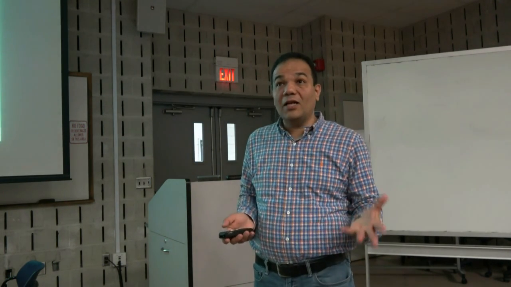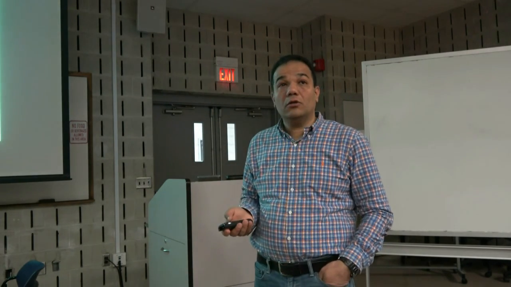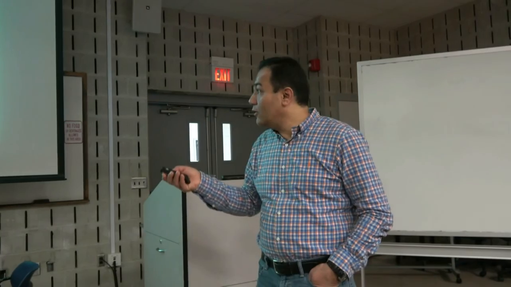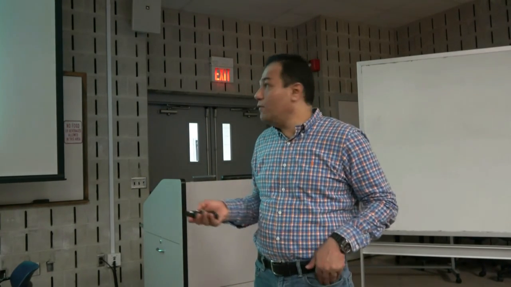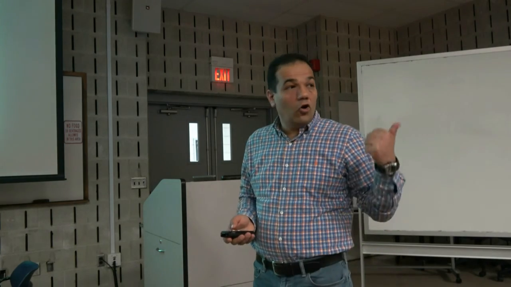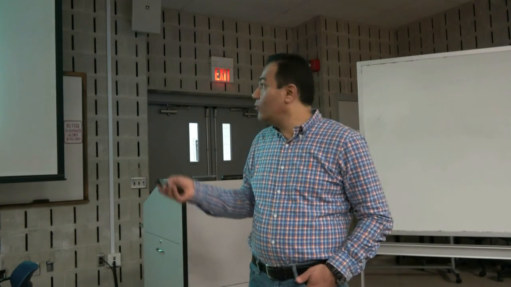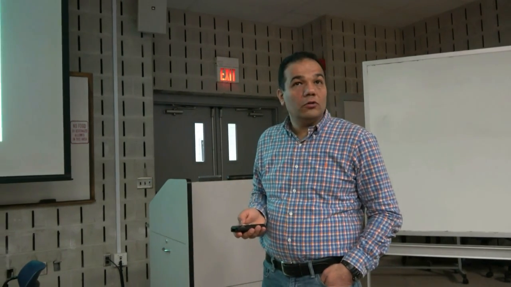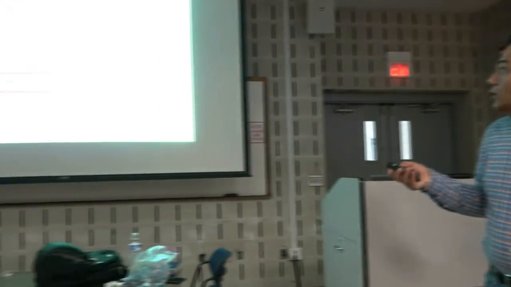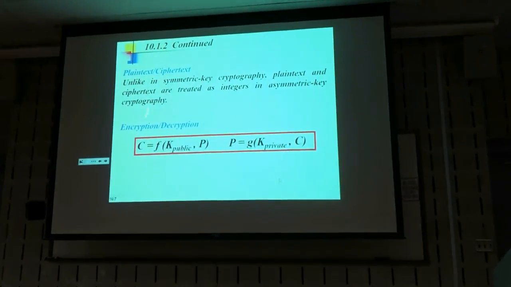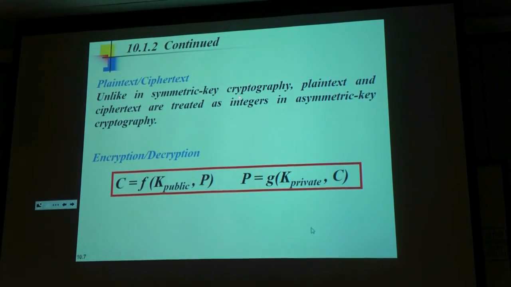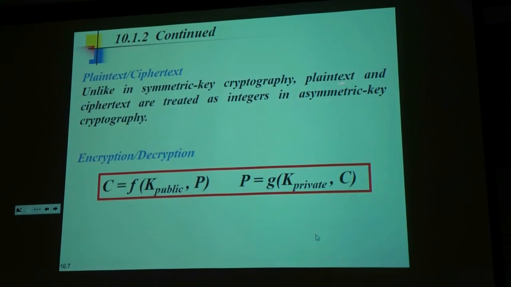So there is an algorithm for key generation, an algorithm for encryption, and an algorithm for decryption. Before, we had algorithms for encryption and decryption only. Now we need an algorithm for key generation. Unlike symmetric key cryptography, plain text and ciphertext are treated as integers in asymmetric key cryptography.